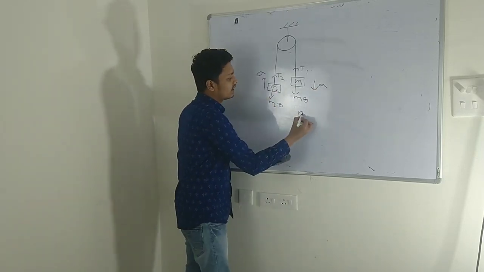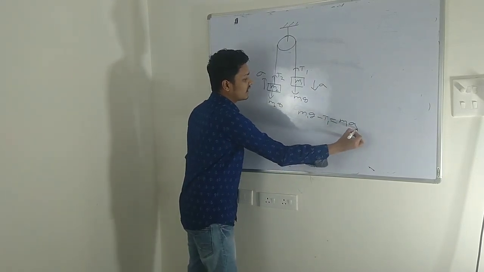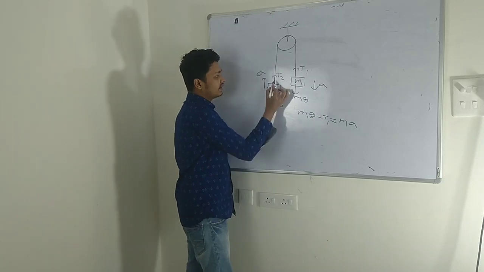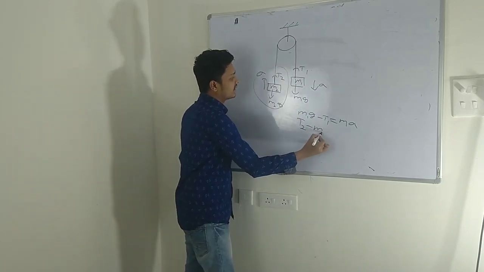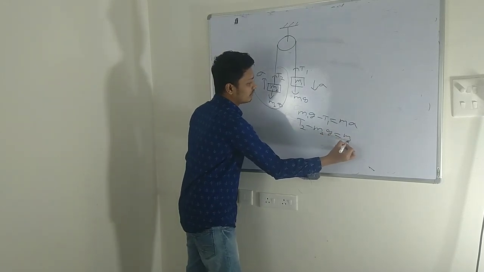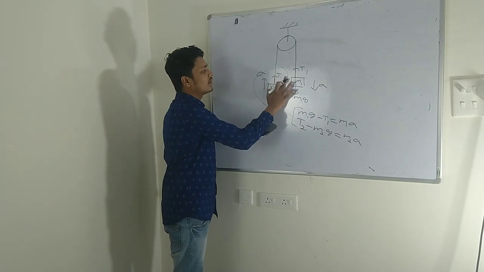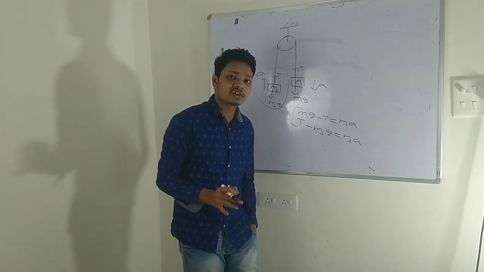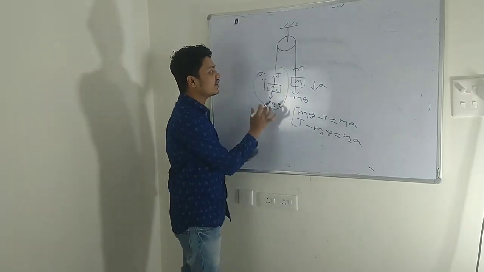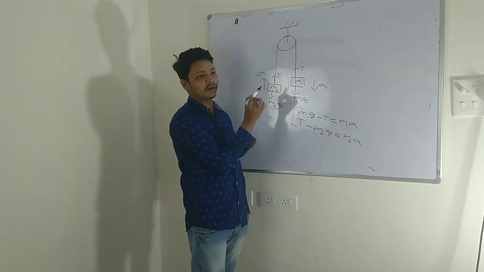So you will write M1G minus T1 is equal to M1A, and then for this body you will write T2 minus M2G is equal to M2A. Solve this. T1 is equal to T2 because it is the same string and the string has mass 0, that's why I took T1 equal to T2.